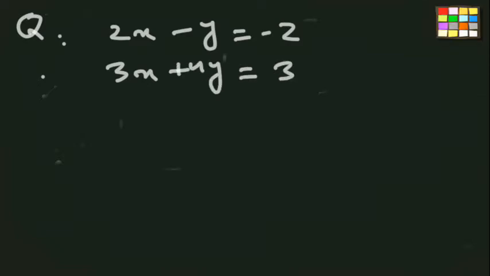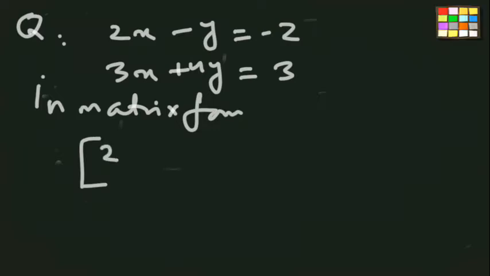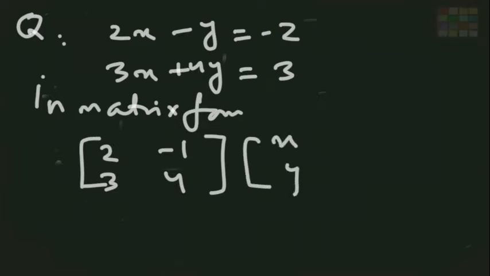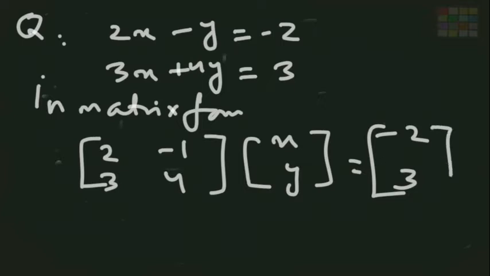So first I have to solve this question using matrix. First, in matrix form, what I get is this is 2. First you write the first matrix as the coefficients of the variables. So first coefficient is 2, second coefficient is -1, this is 3 and this is 4, multiplied by x and y, it will be equal to -2 and 3.